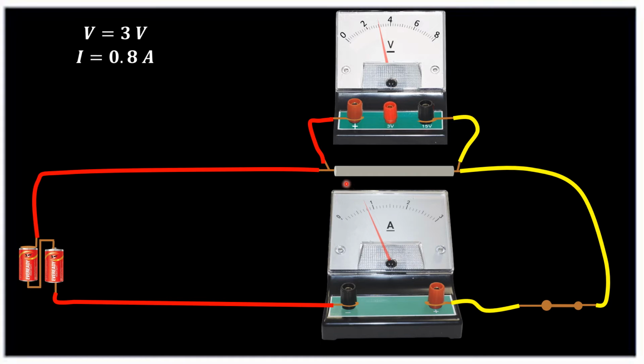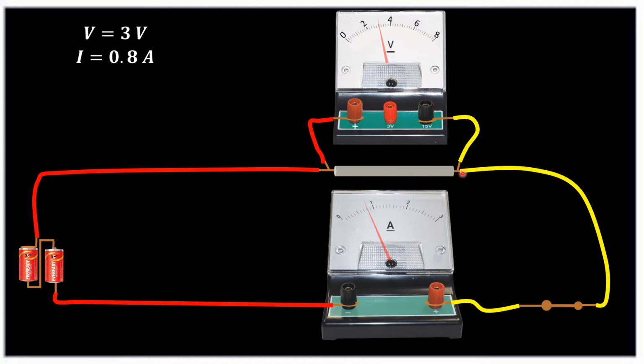That means through the iron spoke 0.8 amperes current is passing. Then some voltage will get developed across its two ends. How much voltage has been developed here? It is 3 volts.